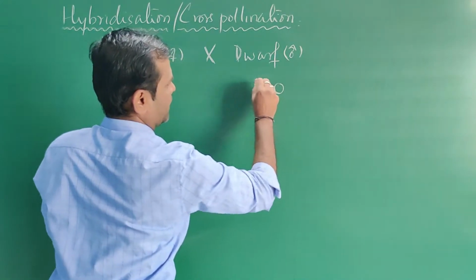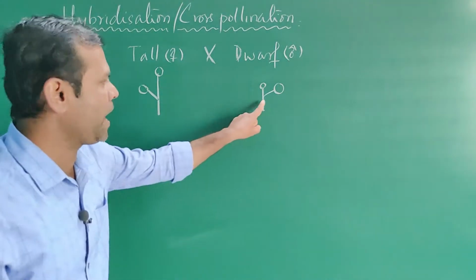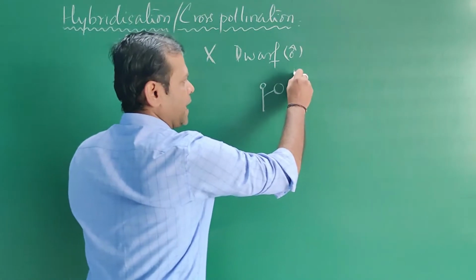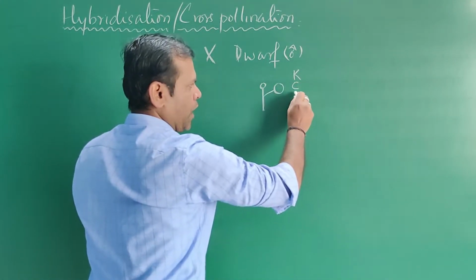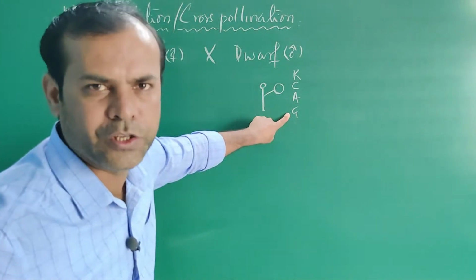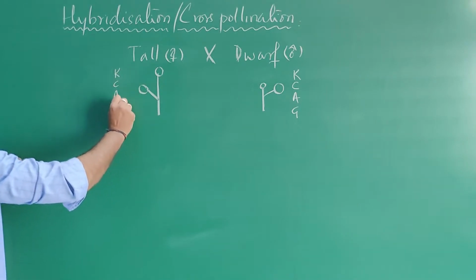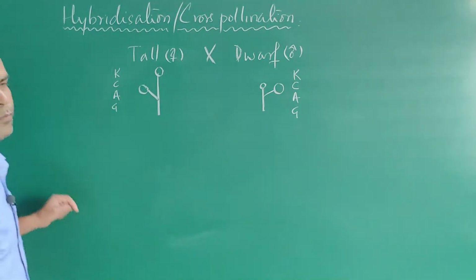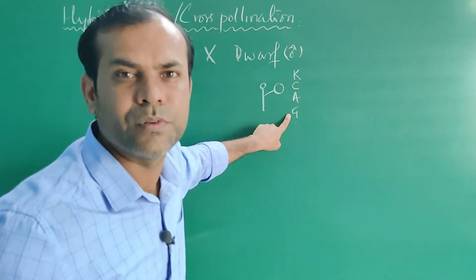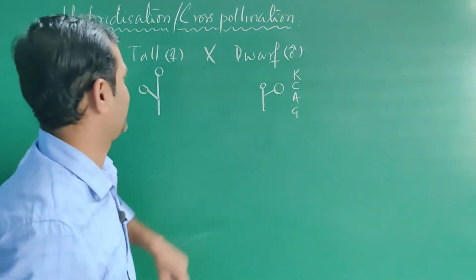Am I right? We all know these pea plants have bisexual flowers. It means they have calyx, corolla, androecium and gynoecium. We know androecium is the male reproductive part, gynoecium is the female reproductive part. Now this is our female plant and this is our male plant.